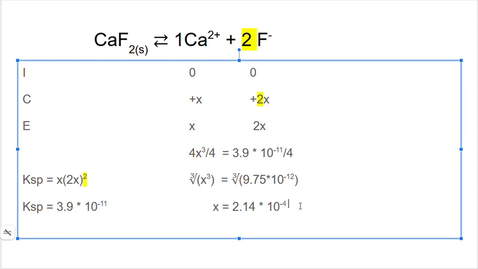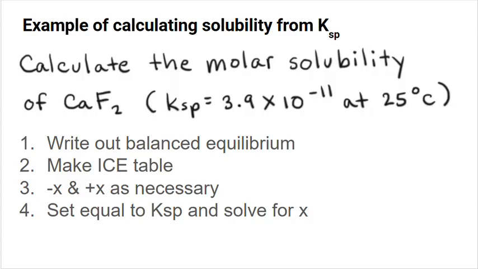That's what I'm getting for my x value, which in this case is a concentration, which is M, or moles per liter. That is my answer, team, and I'm checking it right here.